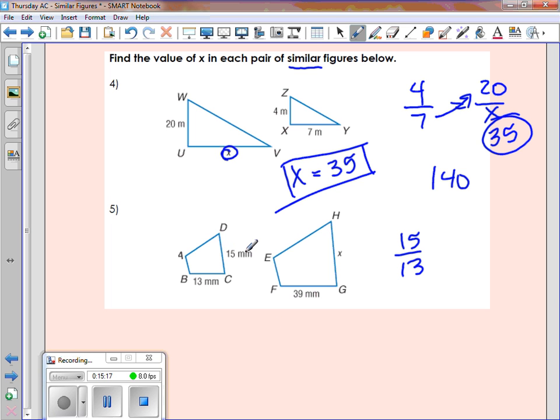Corresponding side to 15 is x, so that'll go on top in the other ratio. The corresponding side to 13 is 39. So now, 13 times 3 is 39, and 15 times 3 is 45. Okay? We could also have multiplied across and divided by 13.